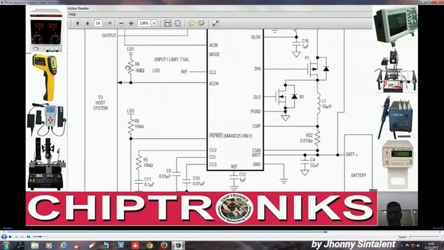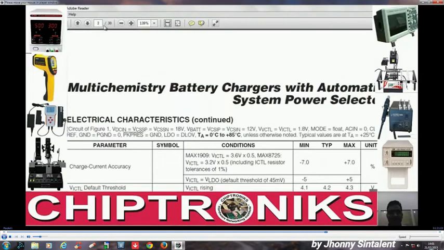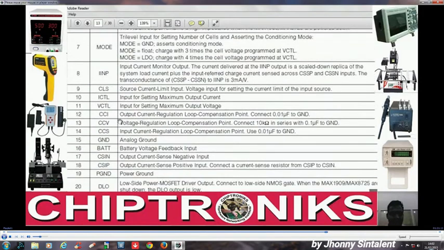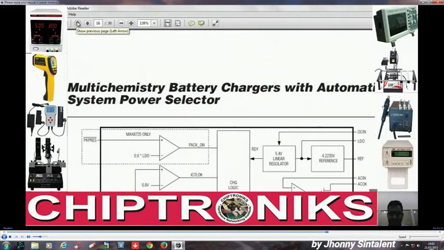Okay, we'll go again to page number 13. ICTL, VCTL. This is the battery voltage feedback input. Let us go to page number 16 first.